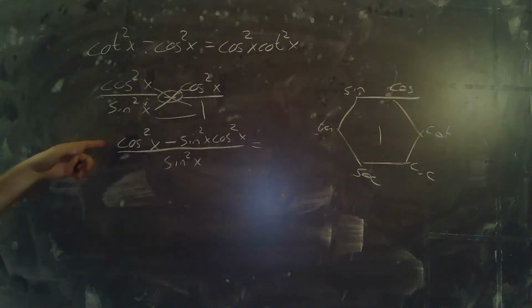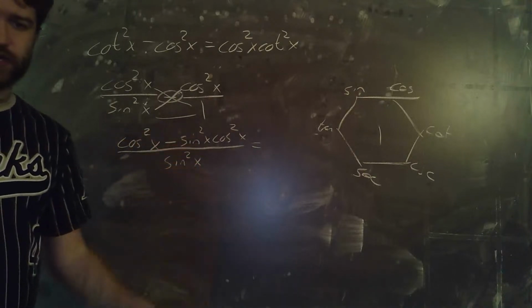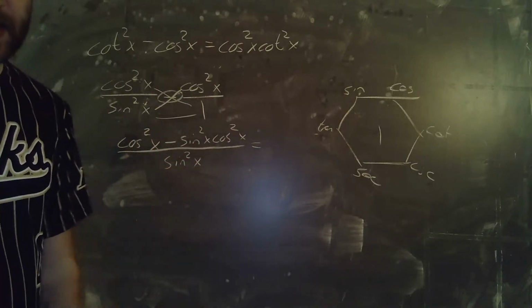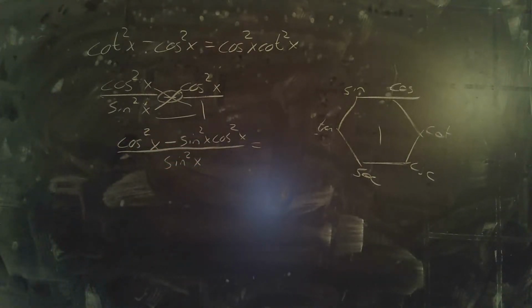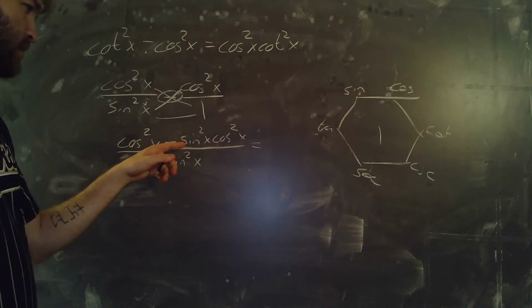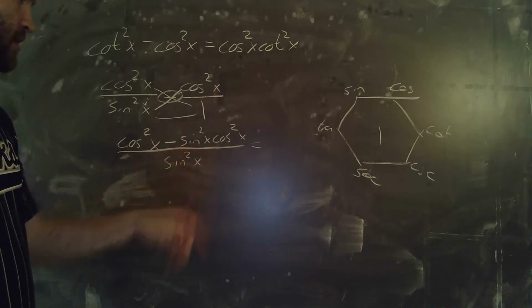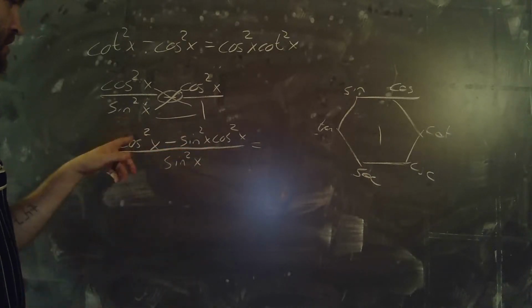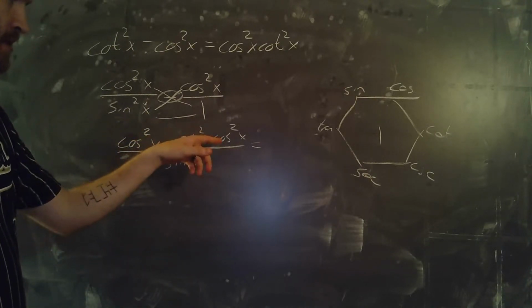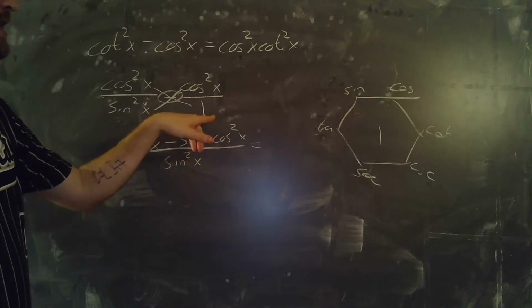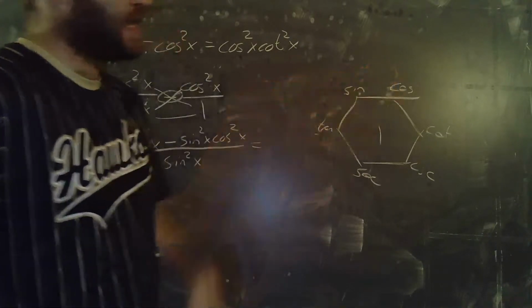So now you have a bunch of sines and cosines that are all squared, but you'll notice that they're not necessarily in the correct form to use a Pythagorean identity. If this was just 1 minus sine squared, we could do something with it. Or if it was just 1 minus cosine squared, we could do something with it. But here I've got cosine squared minus sine squared times cosine squared. And sine and cosine don't have a product identity either.